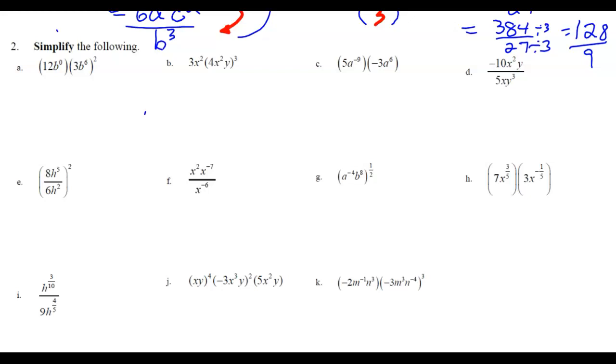Okay. So, got to think about the order of operations still. So you've got brackets. This is multiplying between the brackets there, but this is an exponent outside the bracket. So we have to do that part first.